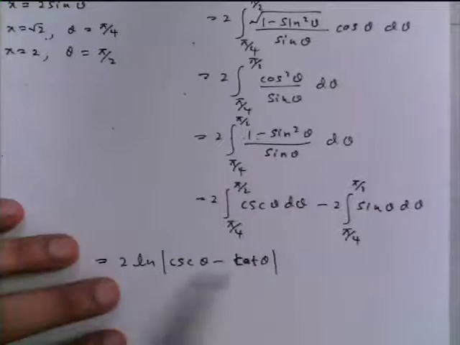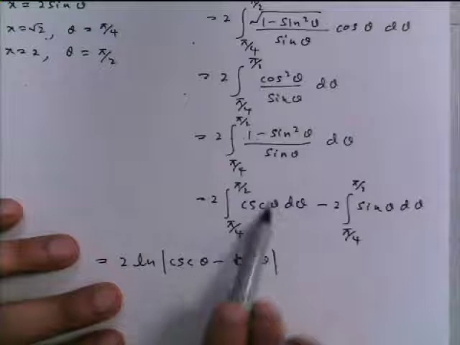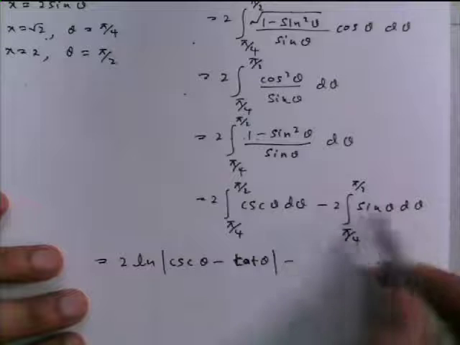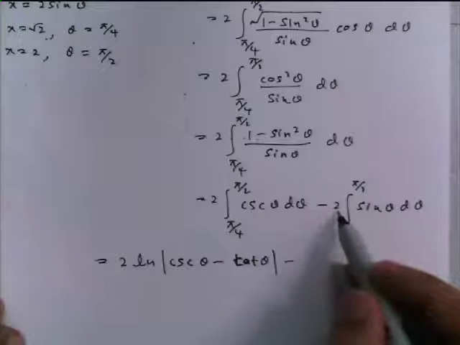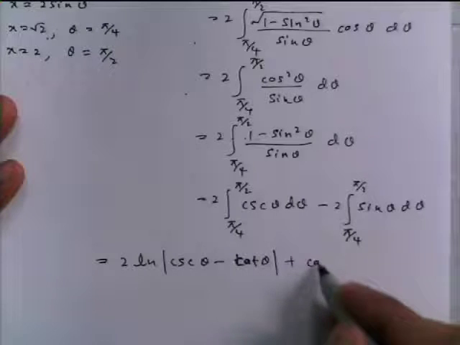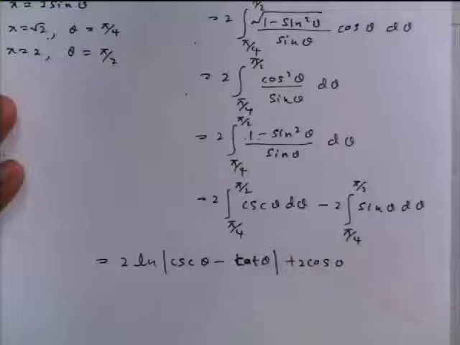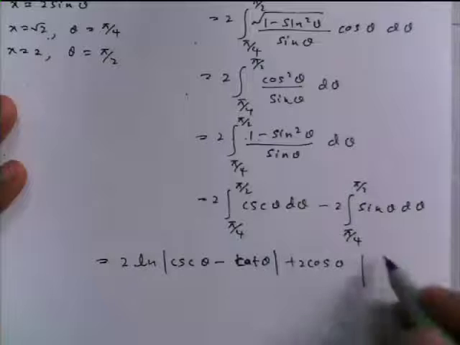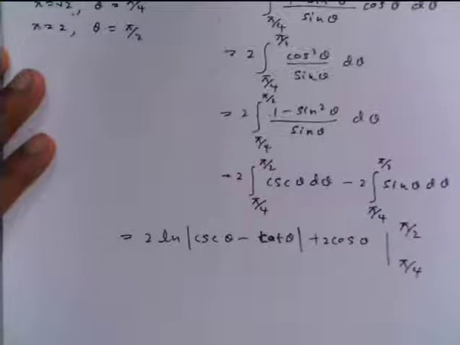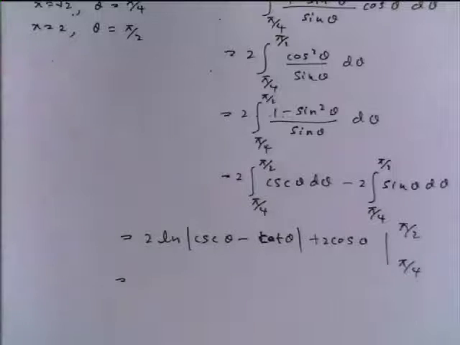And this one we can do. What is the integral of 2 sine theta? Minus 2 cosine theta, so it is plus cosine theta with the minus. Now we put in the limits, pi over 2 and pi over 4. So just try to plug in pi over 2 and pi over 4 and simplify.